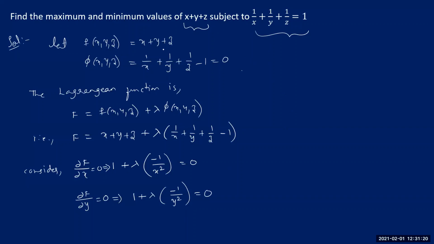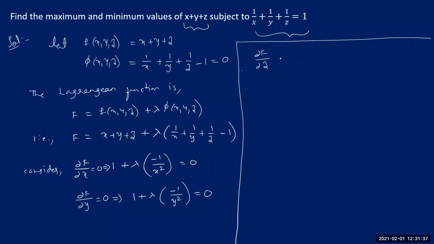Then, as we did in the previous problem, I'm differentiating with respect to z also. Again in a similar way, you'll get 1 plus lambda times minus 1 by z square equals 0.